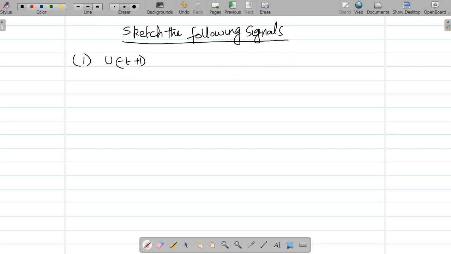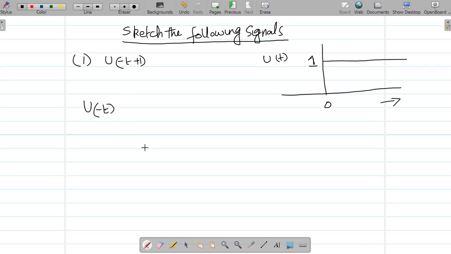I know the signal u of t will be like this. It's a unit step, so the amplitude of the signal is 1, and the signal is present only after t is greater than 0. To derive this signal, first I have to derive negative of t.